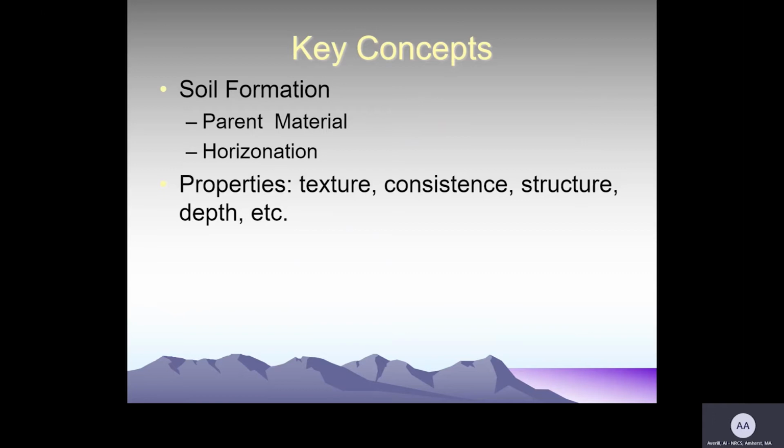You can imagine that has an effect on the suitability and the limitations of the soil for various land uses. Soil-water relationships and drainage class. We'll talk about that at great length as well, so you'll understand what that is.